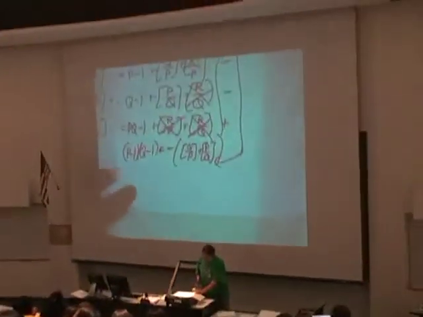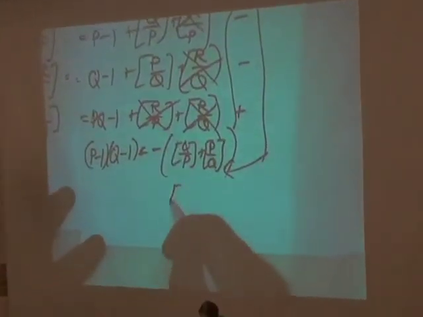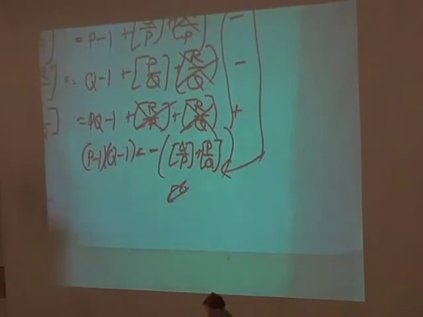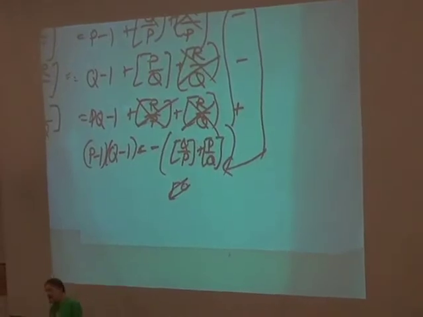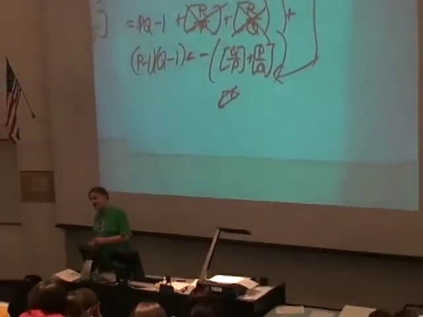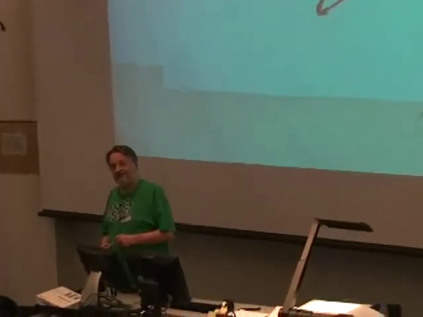Let me remark that in the theorem of quadratic reciprocity, you can allow one of the two primes to be minus 1.